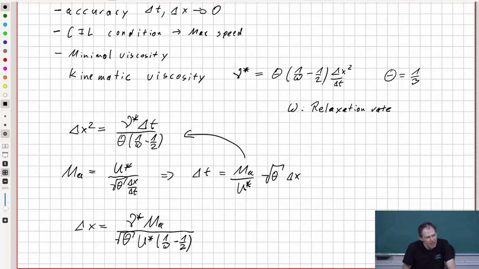So this is how the grid spacing is related to both the physical viscosity, the physical velocity, and the Mach number that we are choosing.